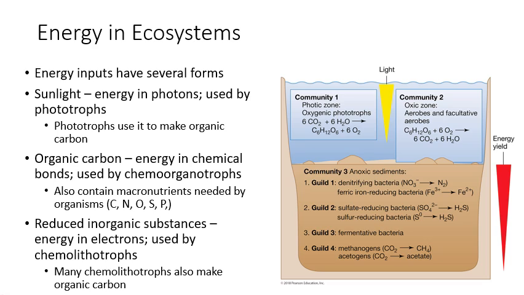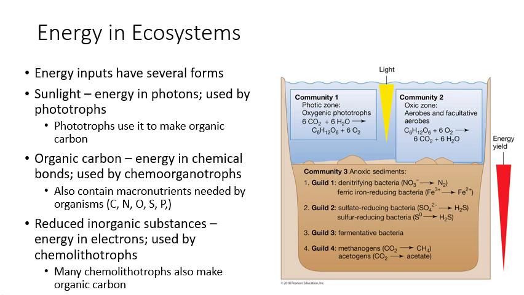The energy in those compounds is going to be contained in the electrons. And then chemolithotrophs can strip those electrons off and use them to make ATP. And most chemolithotrophs will also use those electrons to make organic carbon or organic compounds that contain carbon. And then they're going to end up supporting chemoorganotrophs that are in the same ecosystem by providing them with organic carbon.